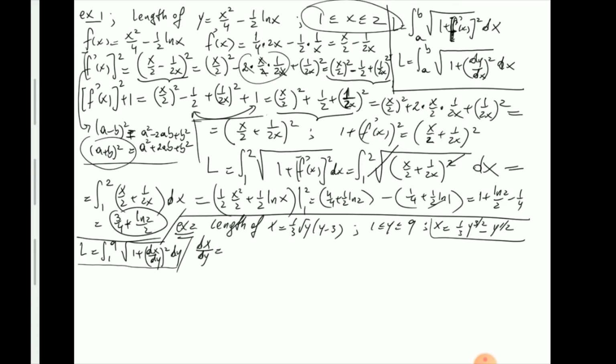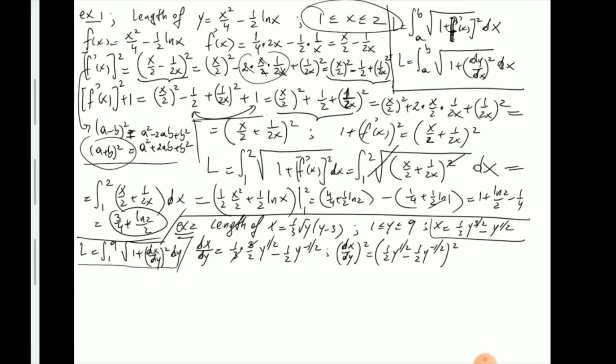So dx dy is 1/3 times 3 over 2, power rule there, y to the 3 over 2 minus 1, which is 1/2, minus 1/2 y to the minus 1/2. We cancel the 3. Let's square dx dy. That's going to be 1/2 y to the 1/2 minus 1/2 y to the minus 1/2, squared.